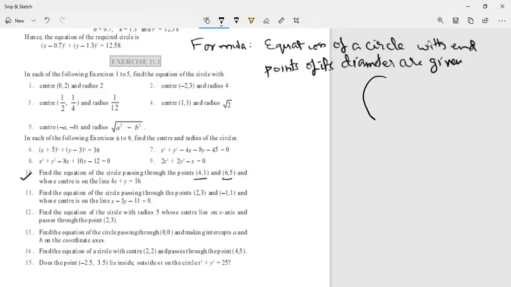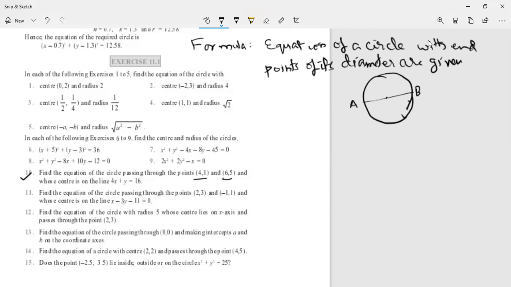Diameter, not passing through. If it will pass through any point, we will put it. But this is the particular case, not going to use here. But I am just telling you, this is the new formula that you have to remember.